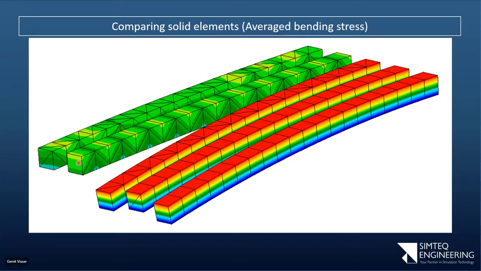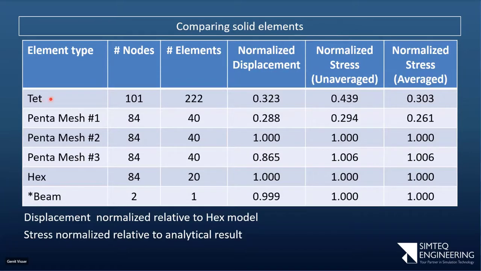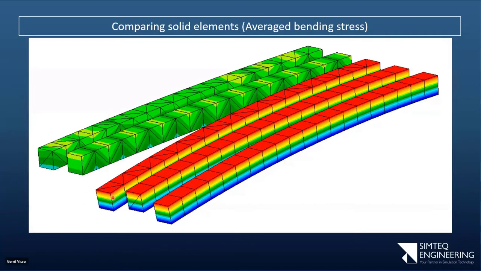Good. So if I compare the results, these 3 are the penta meshes in the same order as the previous slide. Just looking at those, I can see that the stresses all look reasonable, but the deformation of that last one, in other words, penta mesh number 3, actually has less deformation.